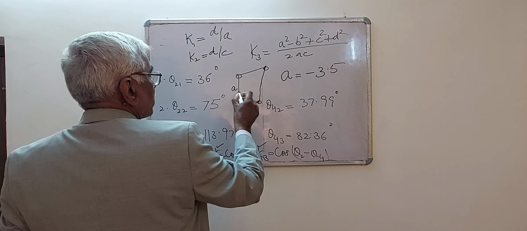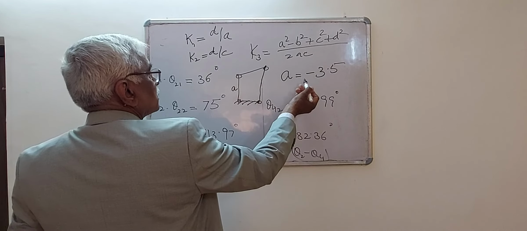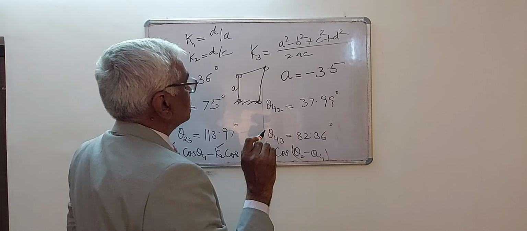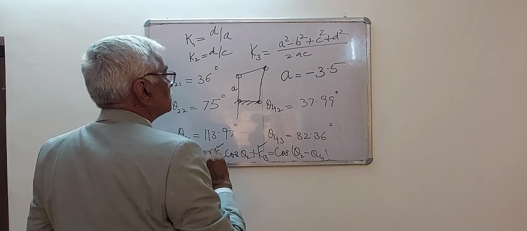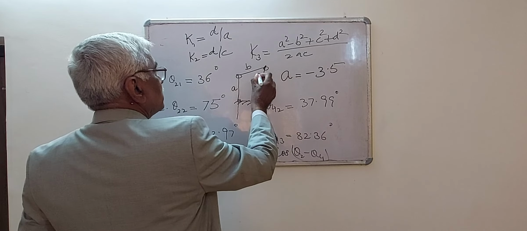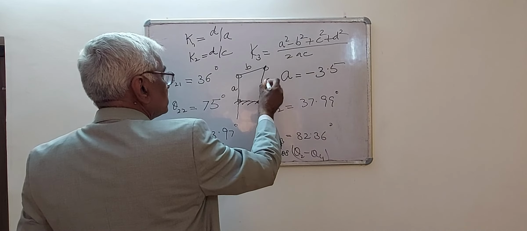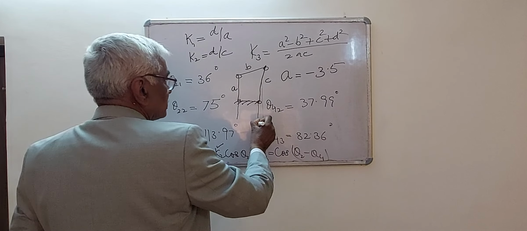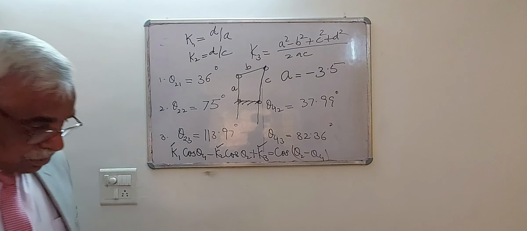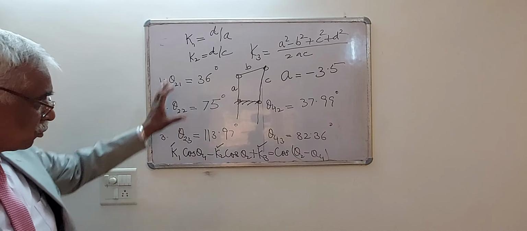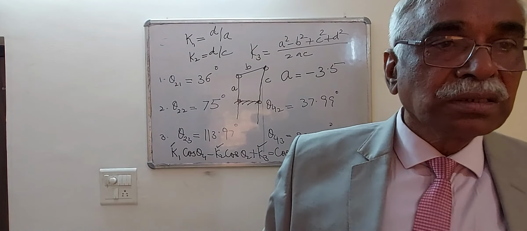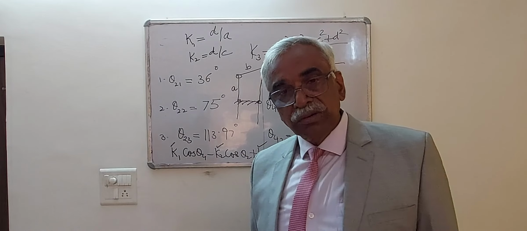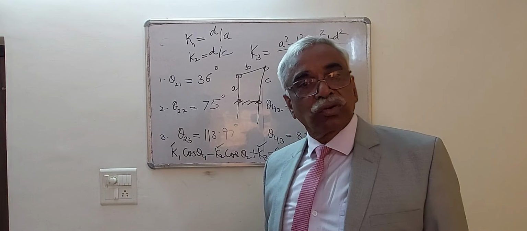Here it is A. If A after calculation comes out with a negative value, it means it will be on this side. If B or C comes with a negative sign, it means it will be on this side, and so on. So you can go through various solved problems based on this formula, and you will be fully conversant with the solutions.